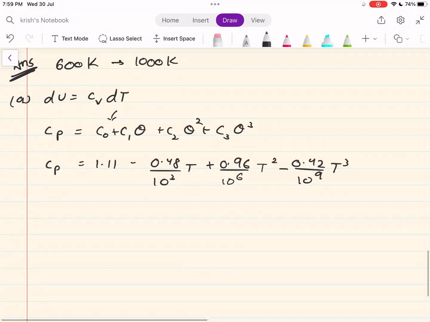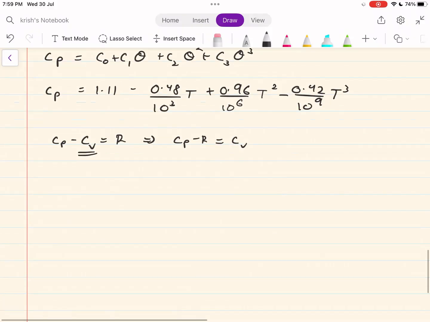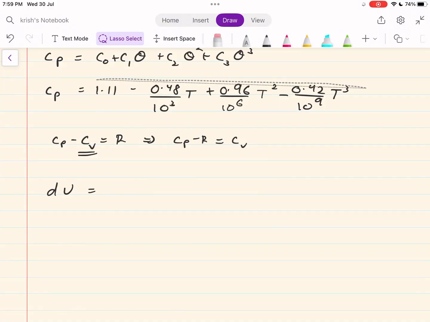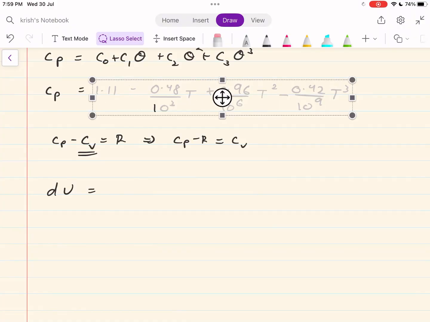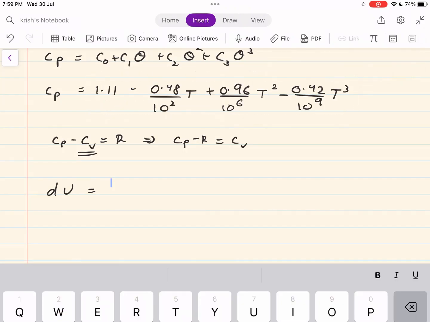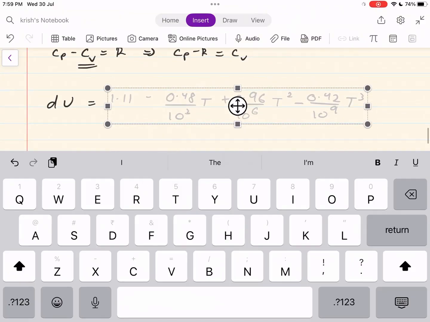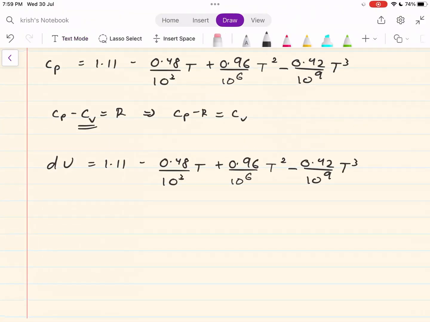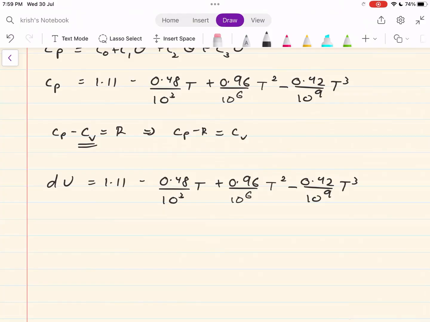And Cp minus Cv equals R, which implies we want to put the value of Cv in this formula, right? So we have to calculate Cv, which implies Cp minus R equals Cv. So du equals this term minus R dt.